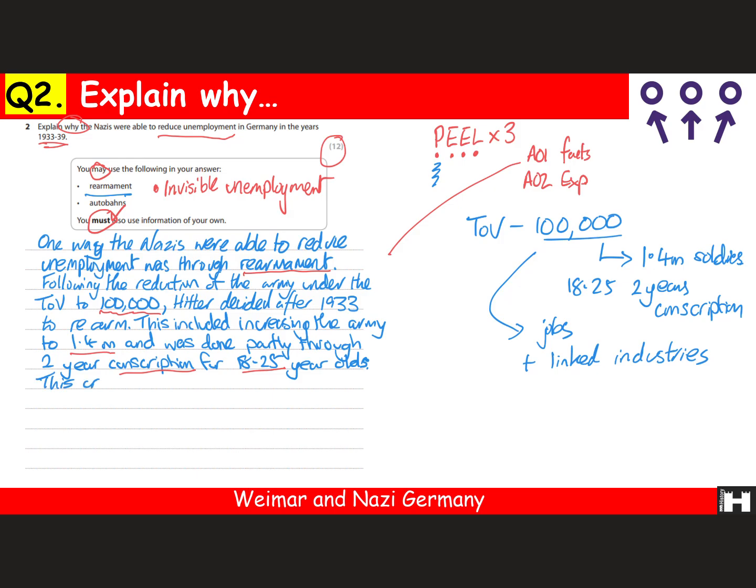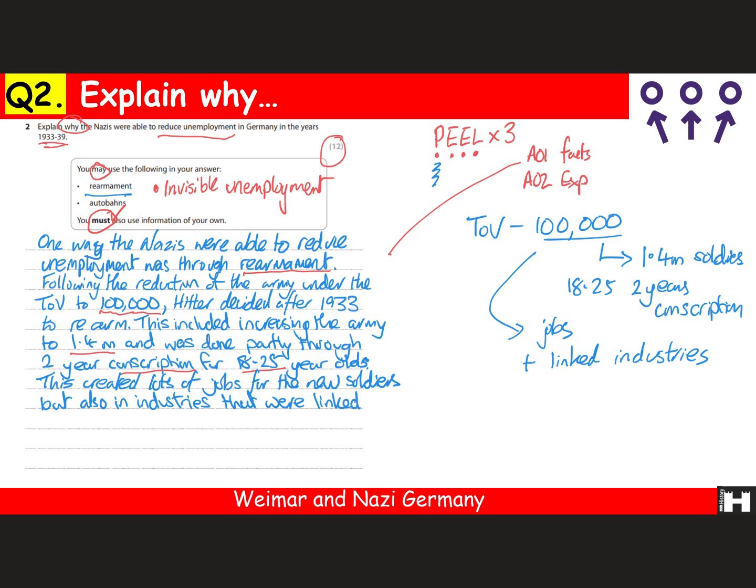So if I switch back to my blue pen, I would say something along the lines of, this created lots of jobs for the new soldiers, but also in industries that were linked.